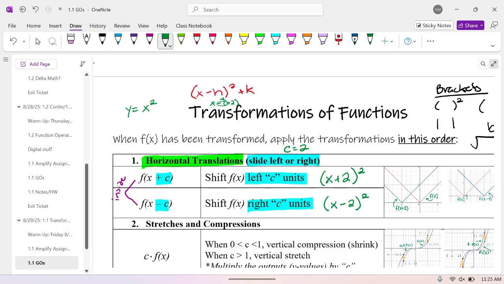Because it's literally in the formula, and it's like that for all of the parent functions, I'm just using quadratic as an example. Because it's like that in the formula, we have to keep it like that. Now, there's a mathematical reason of why it's like that, but I'm not going to go into it because you guys don't need to know it. All you need to know is that right is minus, left is plus. Okay? That's the biggest thing. So in other words, just think opposite of what would logically make sense. All right?